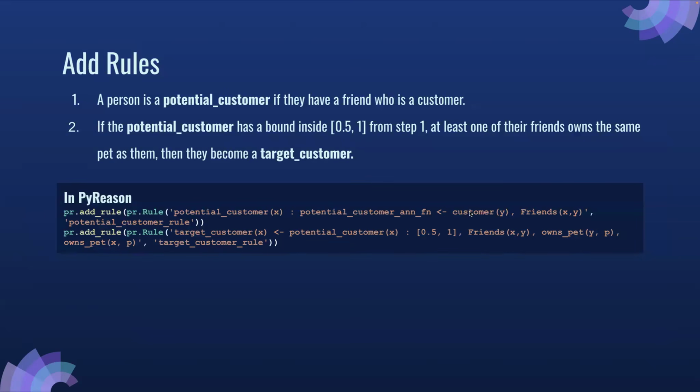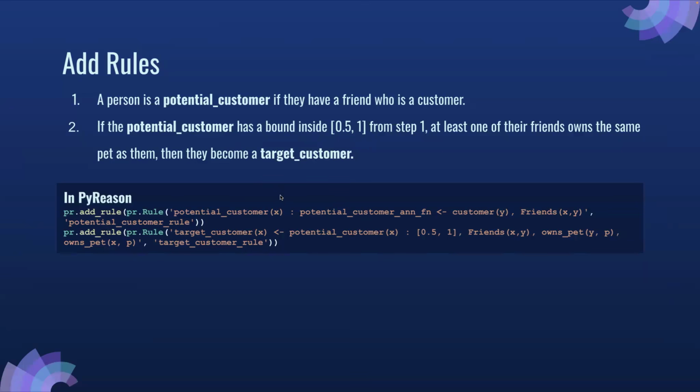If they have friends, at least one friend who is already a customer, then the person becomes a potential customer. And then for our target customer rule, it's a little bit more complicated. When a person becomes a potential customer, they get put through an annotation function, which I will mention in a minute.